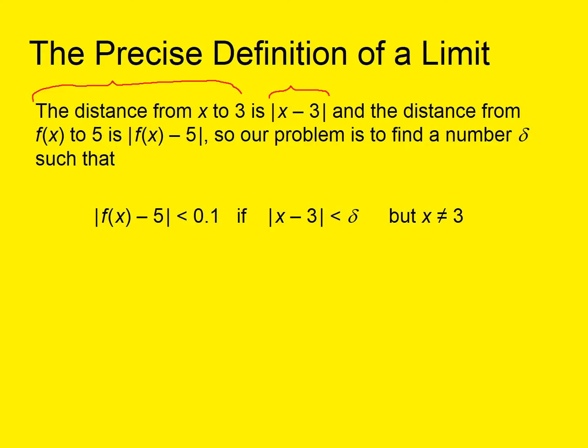That's a translation. So our problem is to find a number delta so that absolute value of f of x minus 5 is less than 0.1 if absolute value of x minus 3 is less than delta, but x not equal to 3. We don't care about x equaling 3. We only need x to be close to 3.